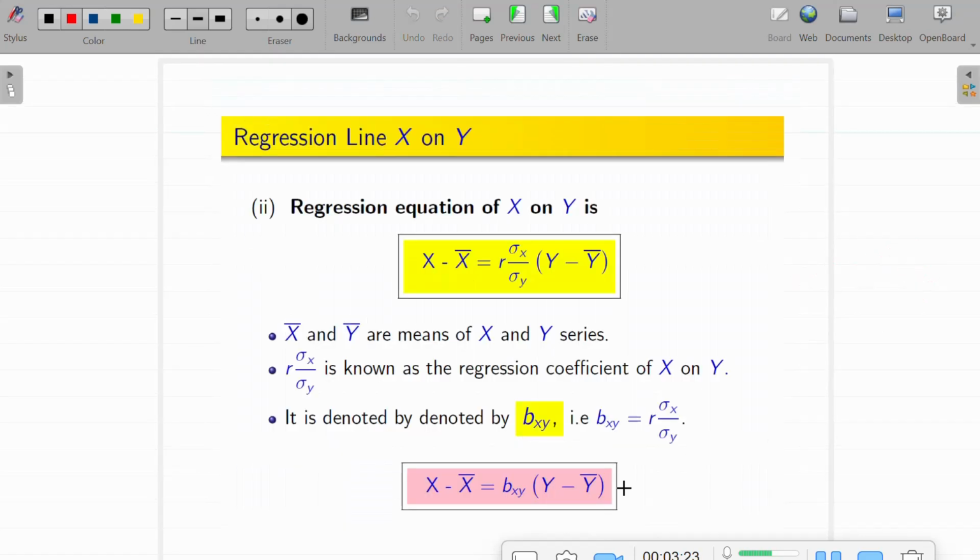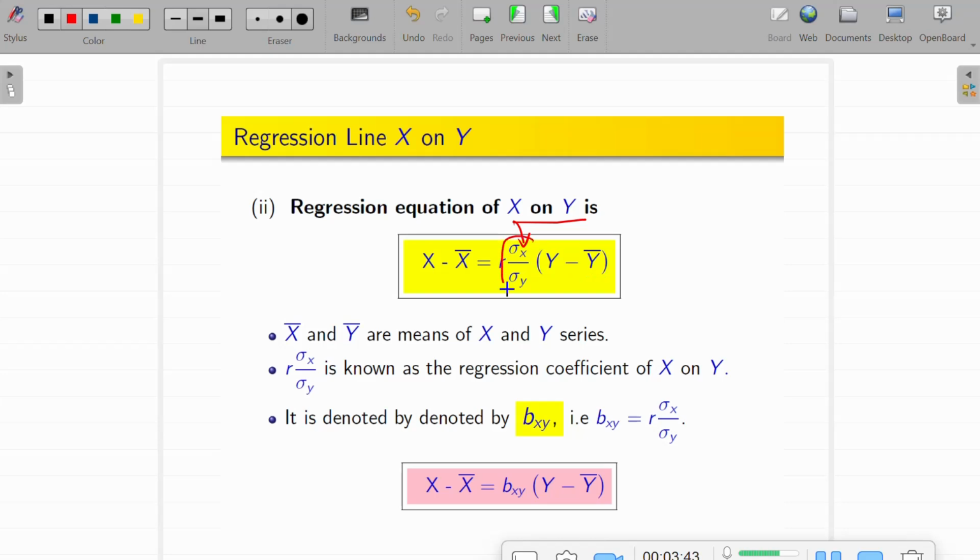Again, in terms of mean and standard deviation, the formula to calculate the regression equation of x on y is x minus x bar is equal to, as I said, if it is y here, the numerator will be y. If it is x here, it is r sigma x by sigma y, y minus y bar.